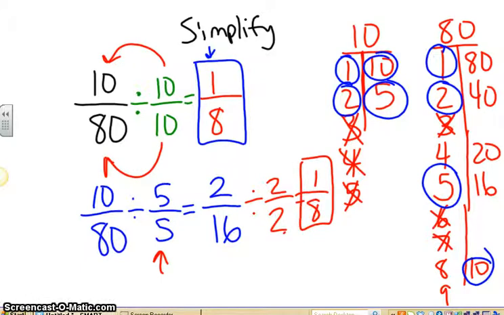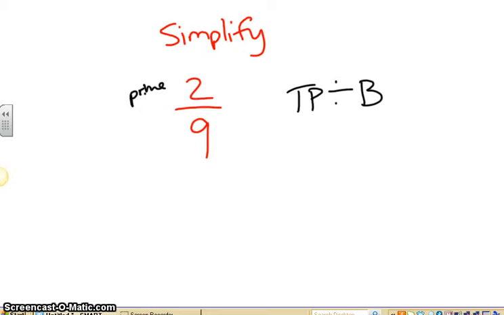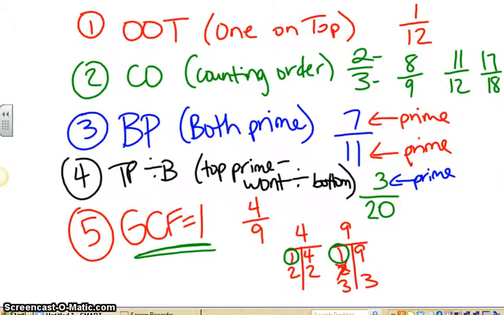Now I have 1 as the numerator, so now I can use that as my simplified fraction. So you see the reason of finding the greatest common factor is the fact that there's a lot less work when you do the greatest common factor. When you're not, you may have to simplify 2, 3, 4 times, and you're ending up doing double, triple, and quadruple the work. So make sure you use your 5 simplification rules to see if the fraction is already simplified.